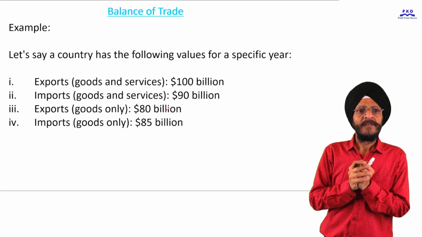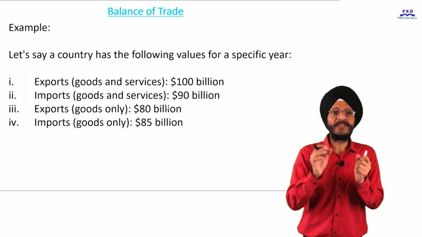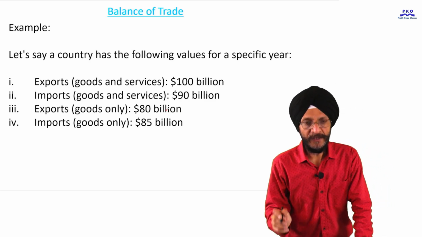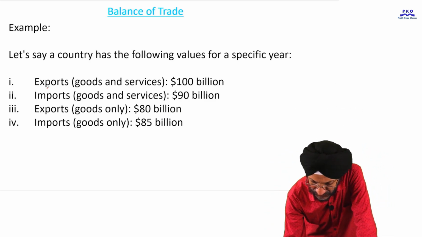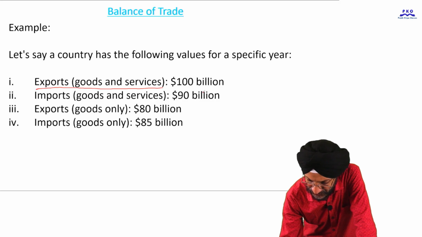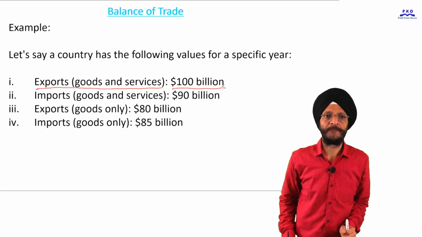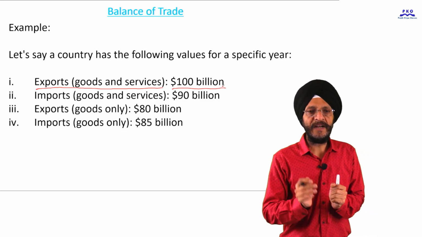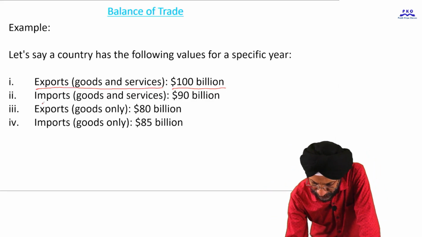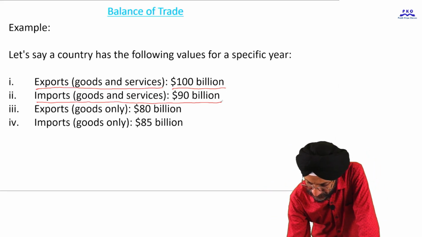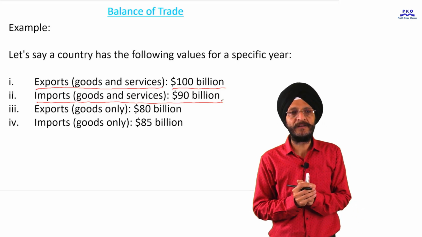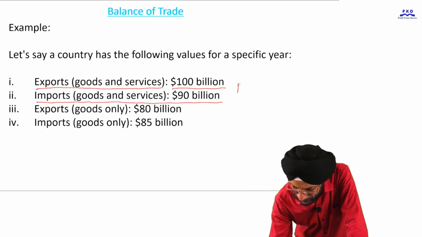Now, here is an example to understand the balance of trade. Suppose a country is exporting goods and services worth $100 billion, and at the same time it is importing goods and services to the tune of $90 billion. What is the balance of trade as per the broader definition?